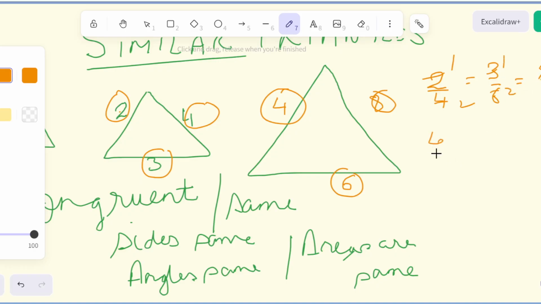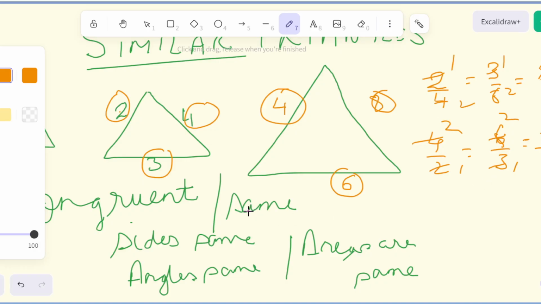If you do it the other way around, you get 2, 2, 2: 6 upon 3, 8 upon 4. All of them have the same ratio.